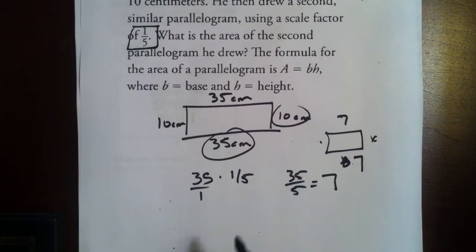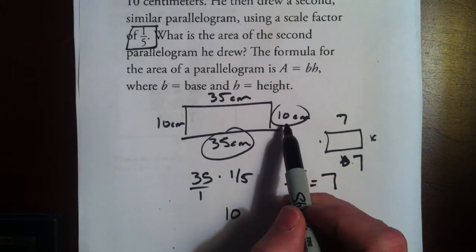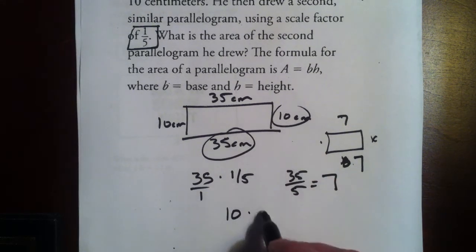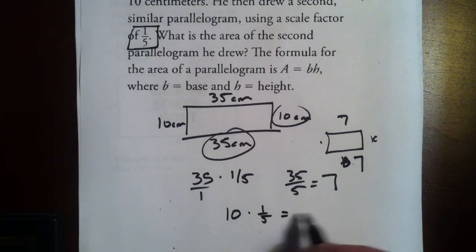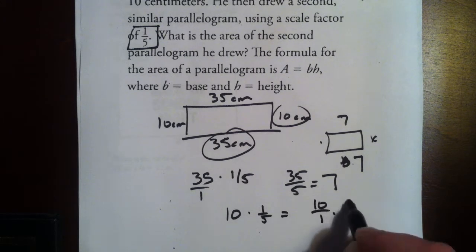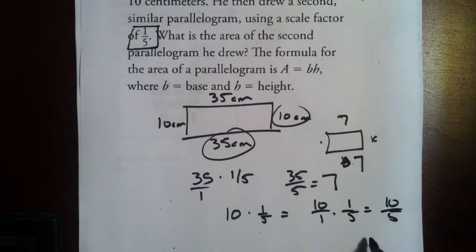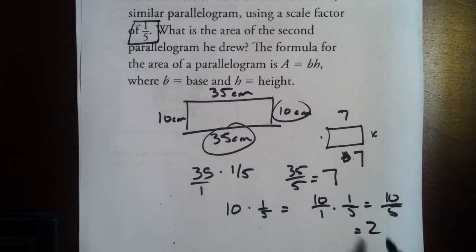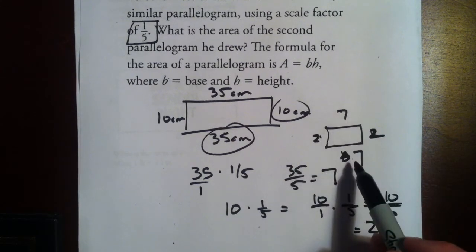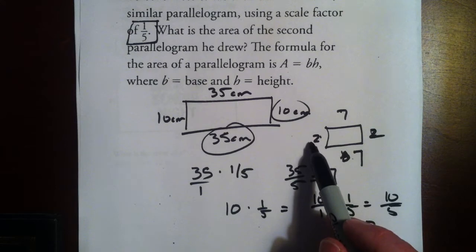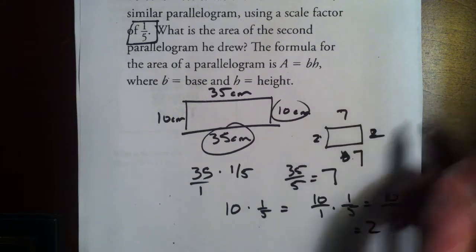Now all we need to do is multiply 10 for this side right here times 1 over 5, which is the same thing as 10 over 1 times 1 over 5, equals 10 over 5, and that equals 2. So we have a 2 there and a 2 there. 7 plus 7 is 14, plus 2 is 16, plus 2 is 18.